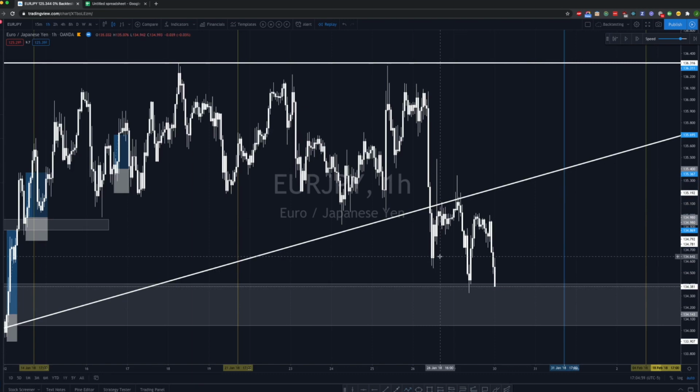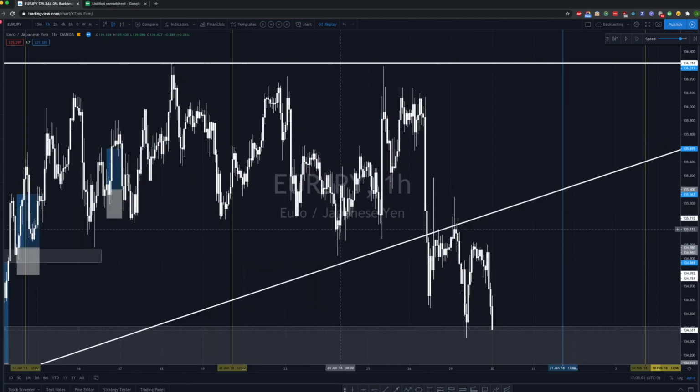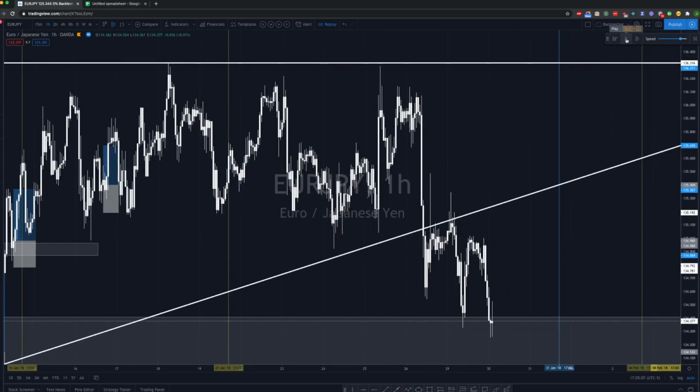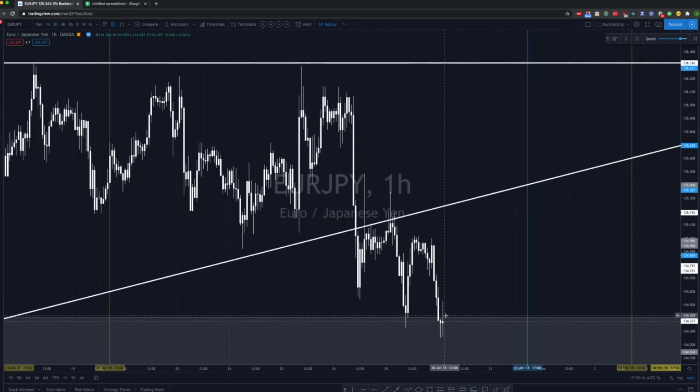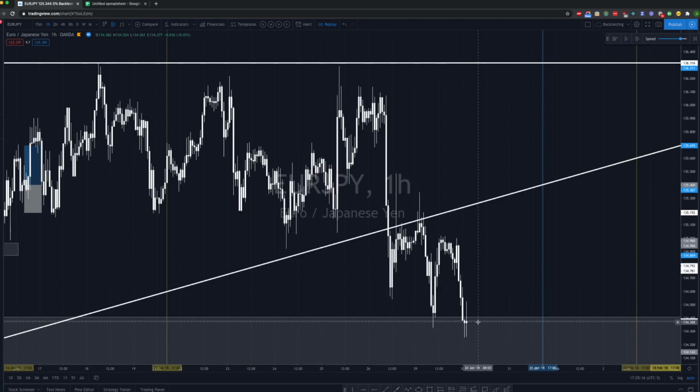Or if I see candlesticks showing rejection to the downside, then I'll look for that. Okay, that's perfect. We had this hammer candle followed by this doji. That is a good sign of rejection for me.